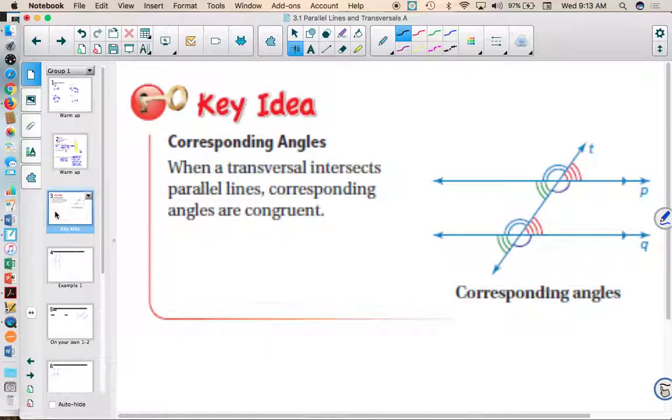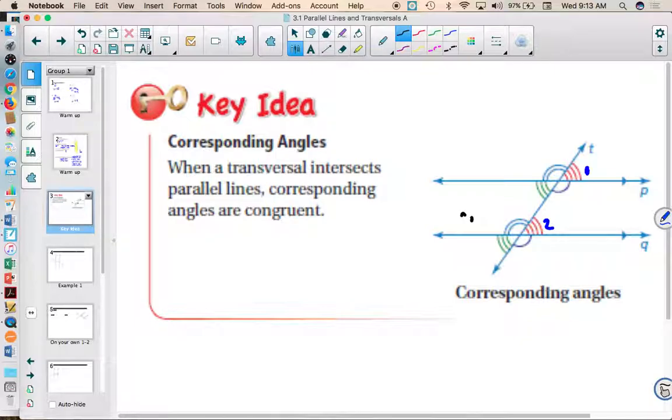Okay, now this is a little bit different. These two are corresponding. They are located in the same place. This is one of my parallel lines. This is my transversal. We're going to call this one here 1, and I'm going to put this one as 2. 1 and 2 are corresponding.